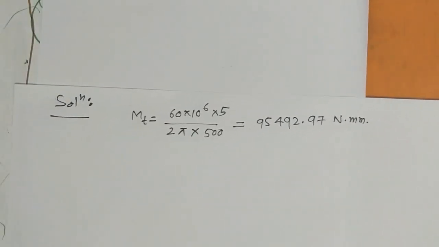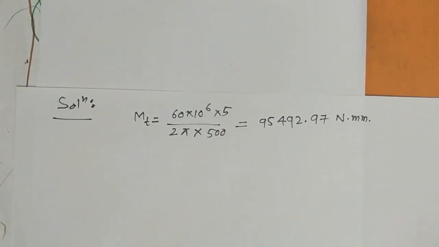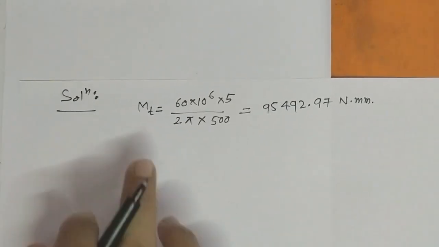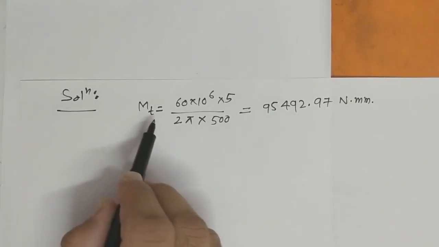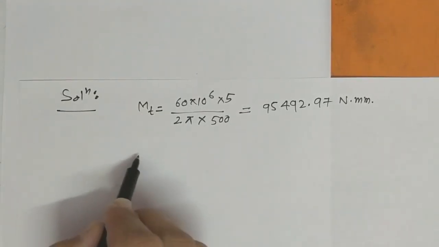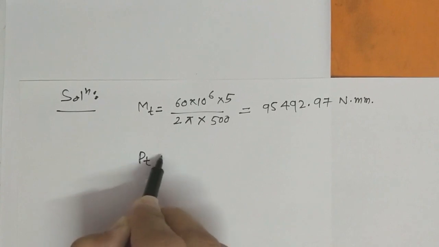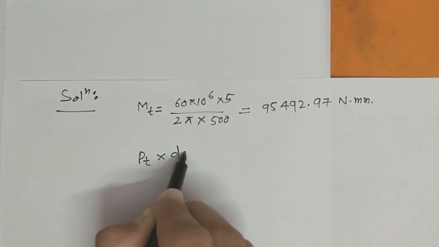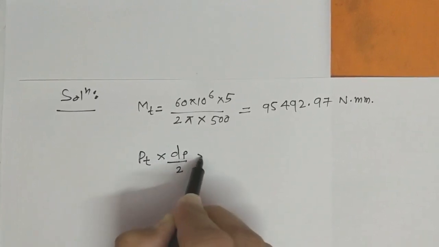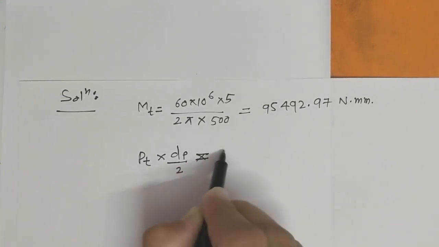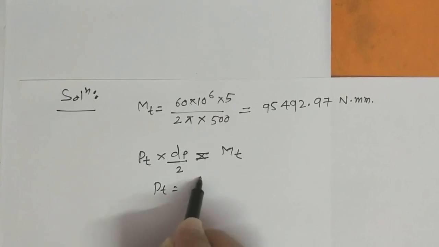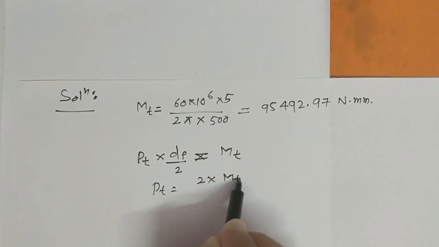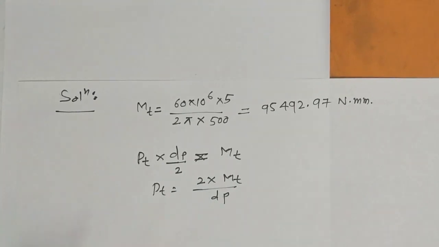Now we know the torque available at the pinion. By using this torque and pitch circle diameter, we can calculate the tangential force. Tangential force PT multiplied by pitch circle diameter divided by 2 is equal to torque Mt. So from here PT equals 2 times Mt divided by dp.